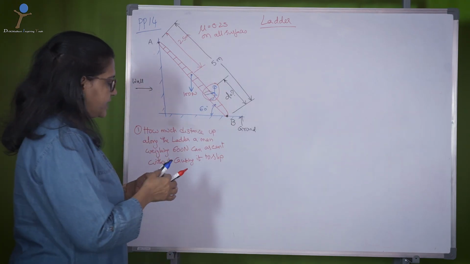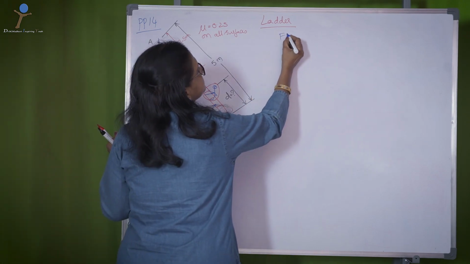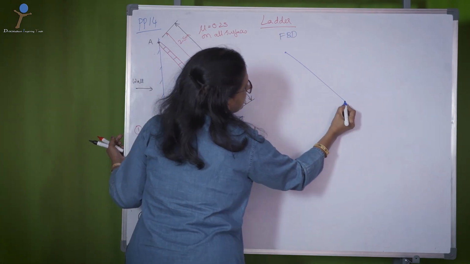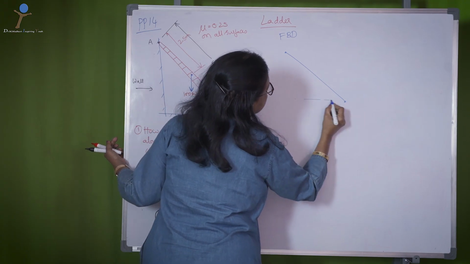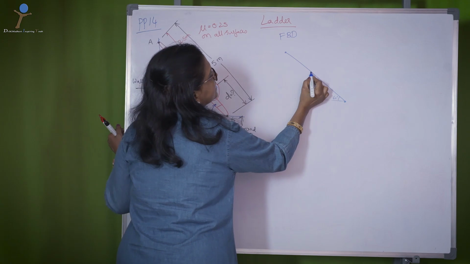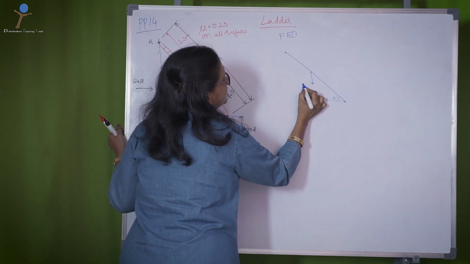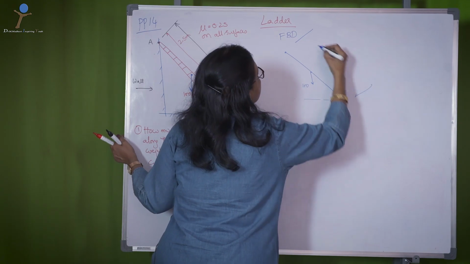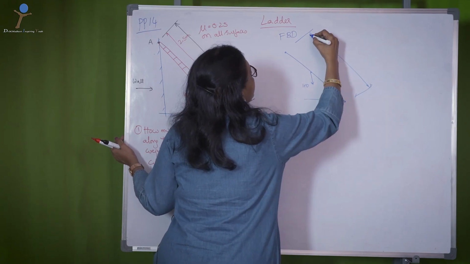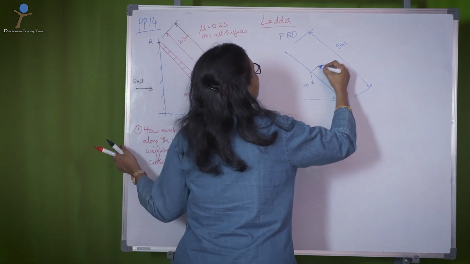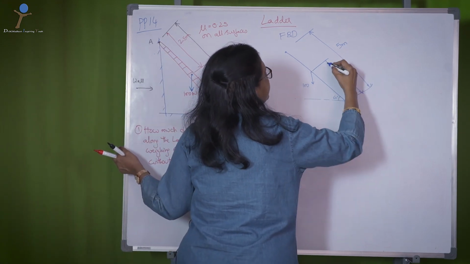Now let us draw the free body diagram for the ladder. This ladder has a weight of 100 newtons, with a span length of 5 meters, and the center is around 2.5 meters.